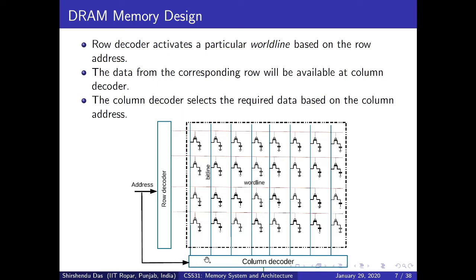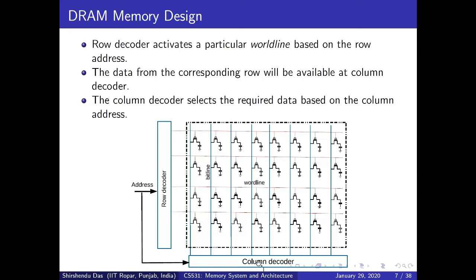These bit lines are connected with this circuit, which is written as column decoder, but for now just remember that it's a row buffer. So when we activate this word line, the content of this entire row is available in the row buffer through these bit lines.